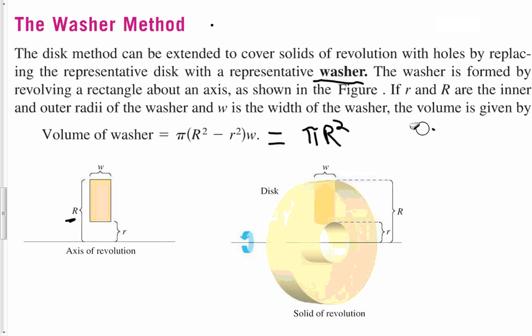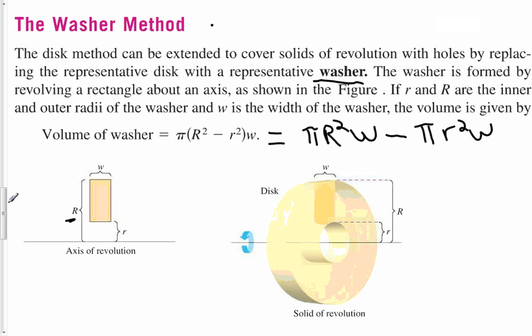So it's actually pi times big R squared times W. This would be the exact same thing as the volume of the disk, and we're subtracting from that the volume of a smaller disk, which is pi times little r squared times W. So basically they've taken the volume of the outer disk and subtracted from it the volume of the inner disk. We create a washer, and they just simplified that expression to get this one.